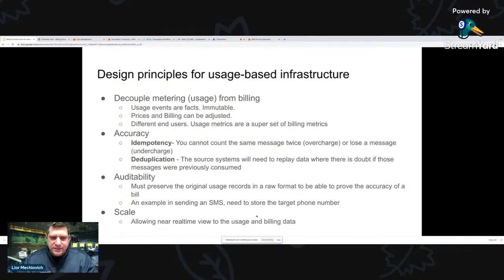Okay. And maybe, if I can, I'll summarize a lot of what we talked about, some real good design principles, and we can unpack most of them. So, decoupling metering from billing. This is a concept we saw with the successful implementations: the engineering team defines metrics because they want to accurately meter usage.